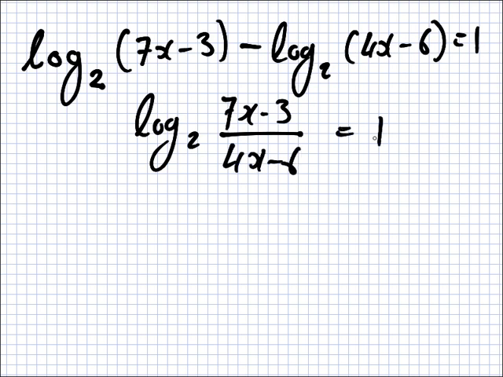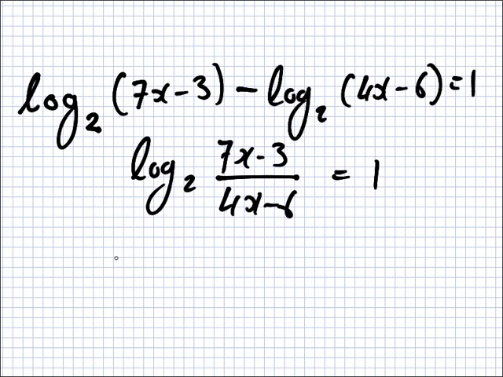But before I go any further, there is a small problem. I first need to decide what my domain of x is. That is, I first need to check what values x can be. If I look at the guy on the left, this tells me that 7x minus 3 must be positive, right?